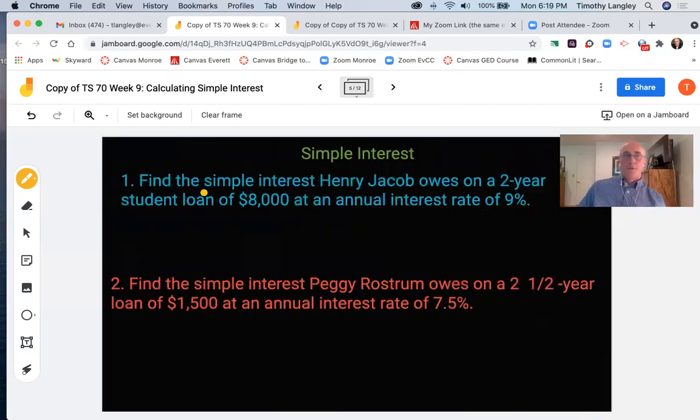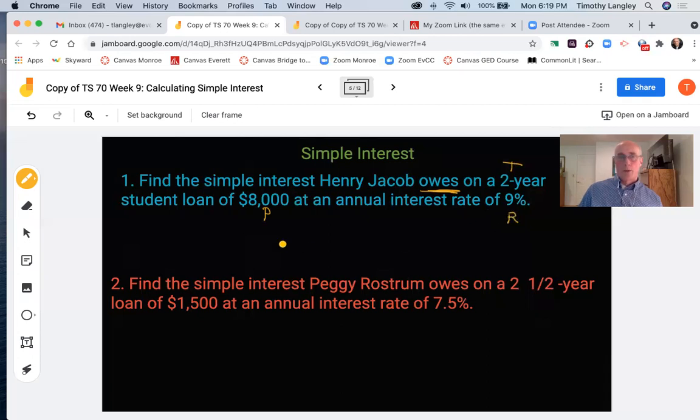Simple interest. Find the simple interest Henry Jacob owes. Okay, notice that he's owing this. This is like a loan. That's why we're talking about interest rates here. On a 2-year loan, student loan of $8,000. This is my P, this is my T, at 9%, and this is my rate.